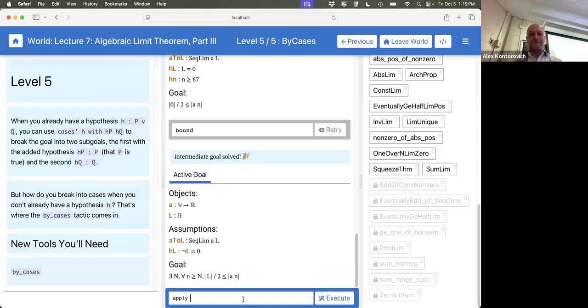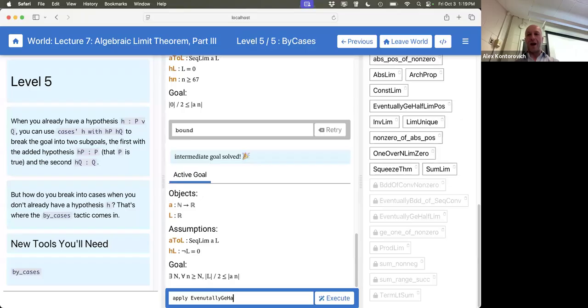Do we not need to split? Will it take not L equals 0 instead of L not equal to 0? It should always be able to convert between those two. Those two are definitionally equal.